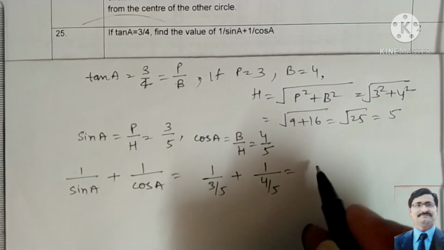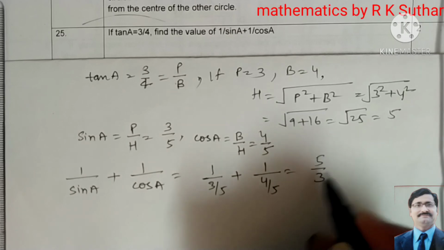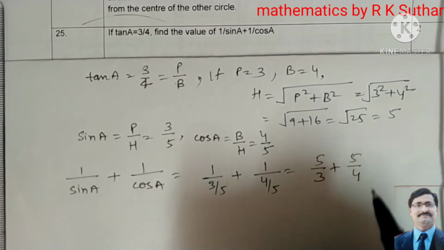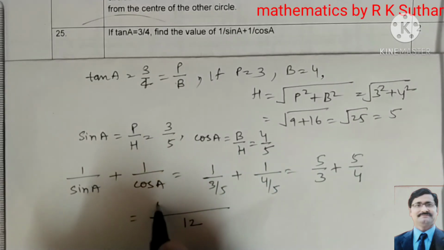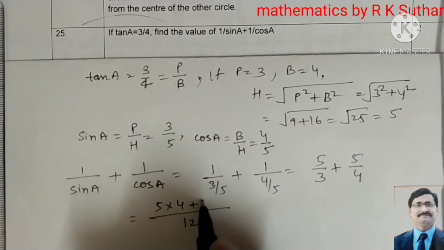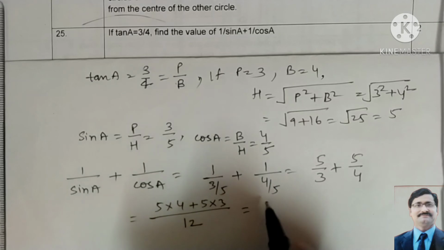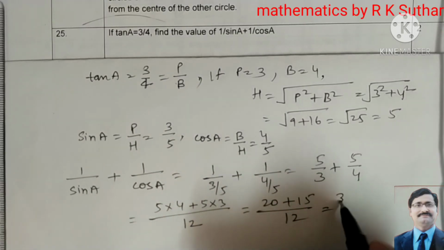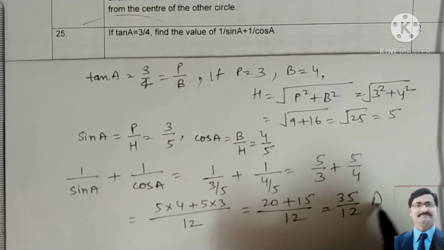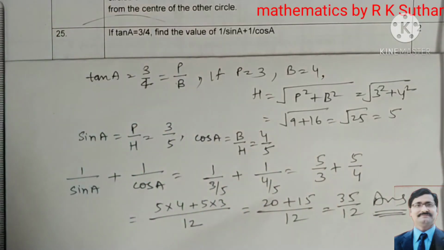We do the reciprocal. We get here 5 by 3 plus 5 by 4. We take the LCM. LCM is here 12. So 5 into 4 plus 5 into 3. 5 4s are 20 plus 3 5s are 15 upon 12. So this answer will be 35 upon 12. This is our answer. All of you understand this?